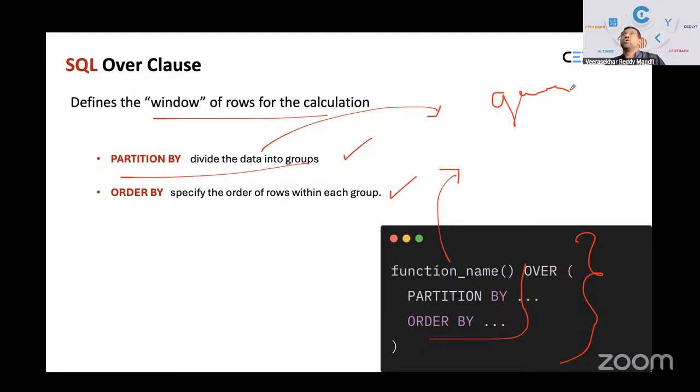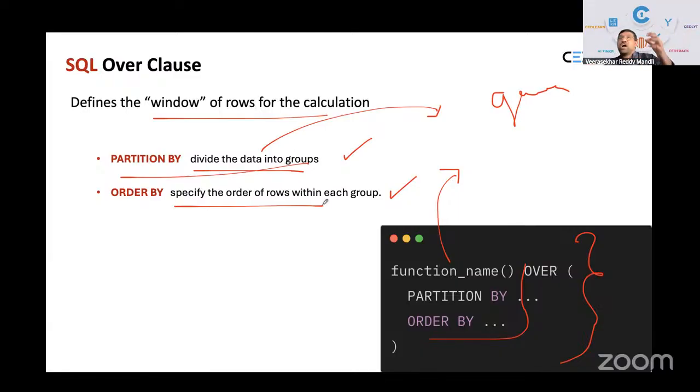Row level helps us get the calculated value on every row, but by considering some partition rows. That's how the OVER clause helps us: one, divide data into groups, and another, specify the order of the rows within each group, not overall.